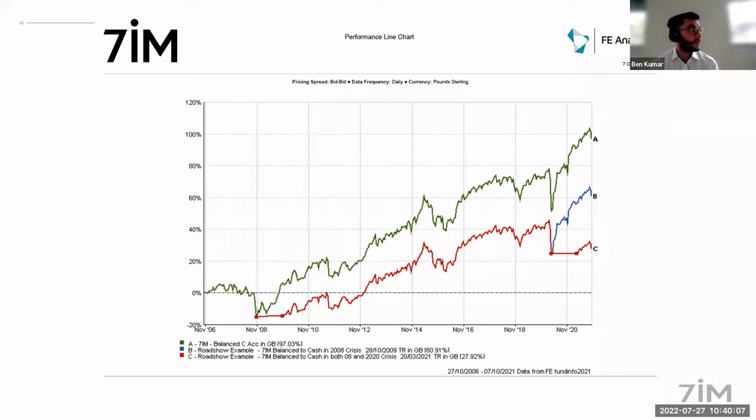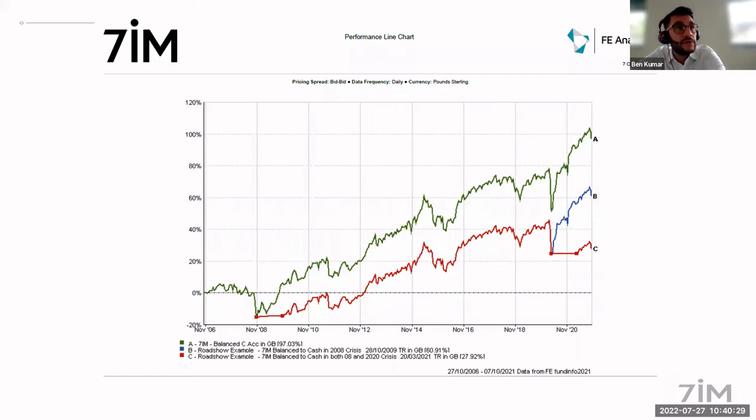If, though, and there are some clients who never learn, you'd sold out in 2008, bought back in, and then COVID had happened, and you'd sold out on that worst day, March 23rd, 2020, you would have made only 20%.